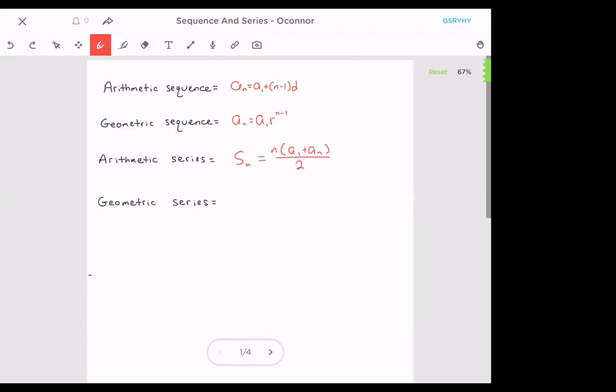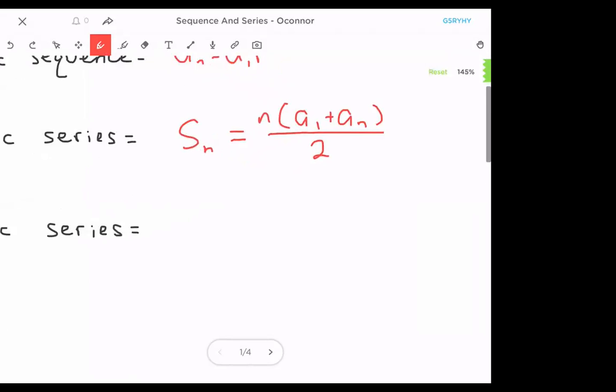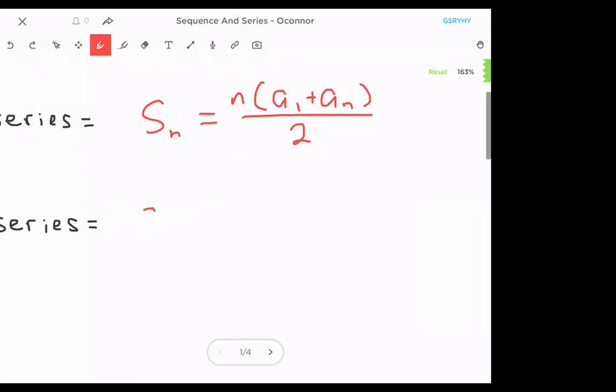And then the last one, for a geometric series, that formula is S sub n is equal to a sub 1 minus a sub 1 times r to the n, all divided by 1 minus r.